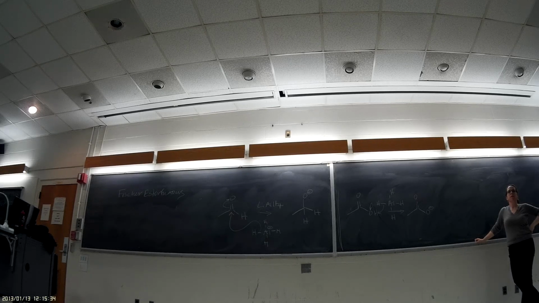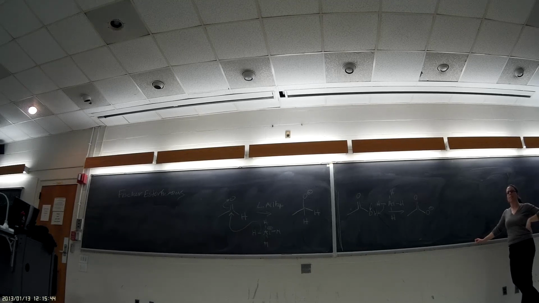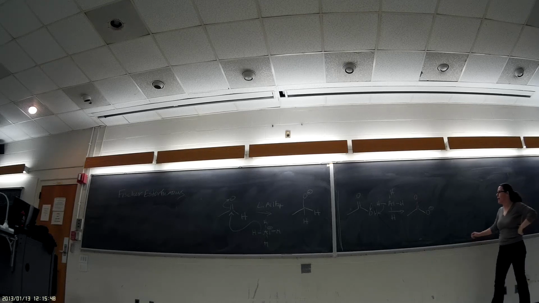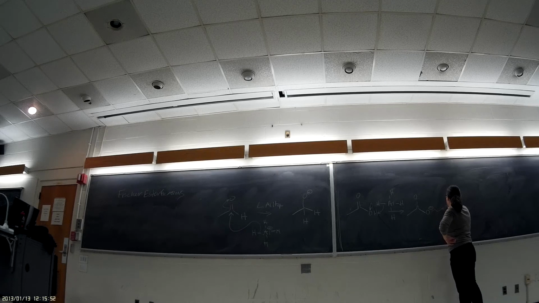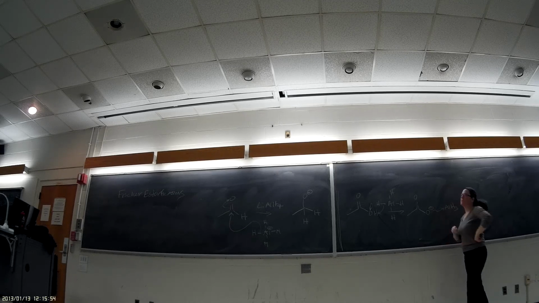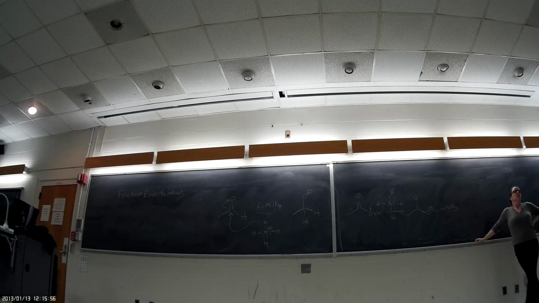Now, depending on where you look, depends on where we go with the mechanism. I've not pulled the primary literature on this. Every time I teach this unit, I'm always thinking I need to go back to the primary literature. I haven't done that yet. But there's two different modes of thinking here. Generally, what I show is the attack at this type of intermediate, the aluminum trihydride, which is now a good electrophile, right?